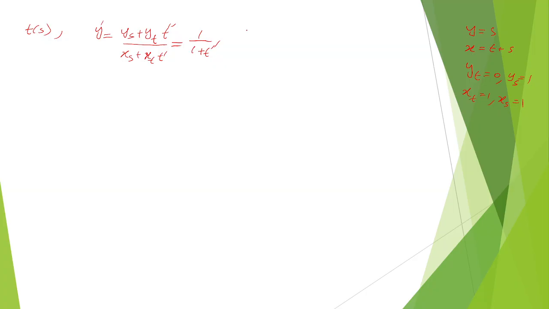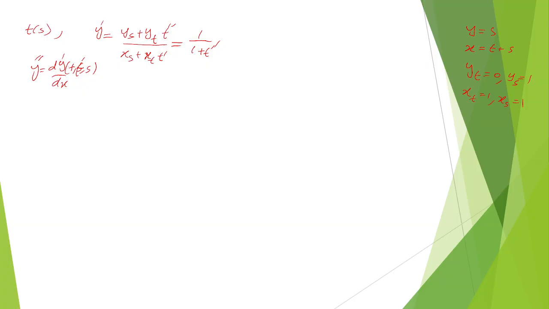y dash. Now y double dash is equal to d y dash by dx, but this is a function of t dash and s, because I am taking t to be dependent and s independent.